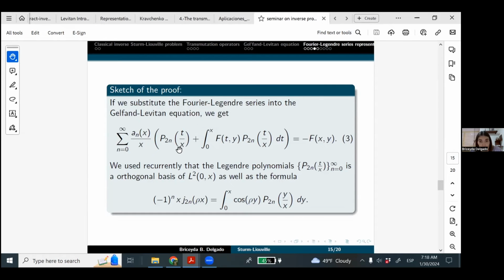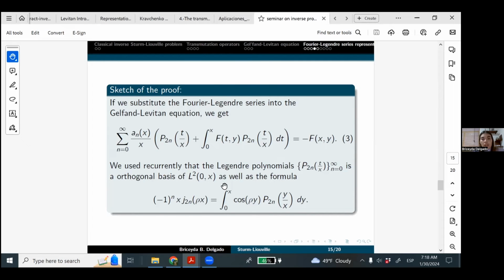And here appear the Legendre polynomials, and we know that these Legendre polynomials are an orthogonal basis of the space L2. So for this reason, we can use many properties like the Parseval identity. We know the norm of these Legendre polynomials. We know that they are orthogonal when n is different from m, and so on.